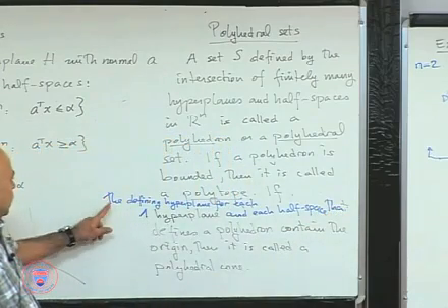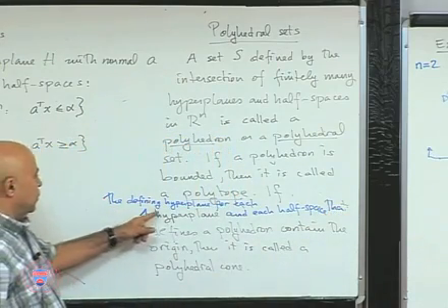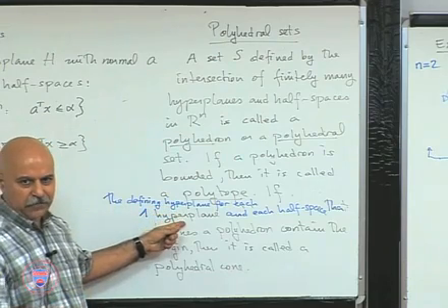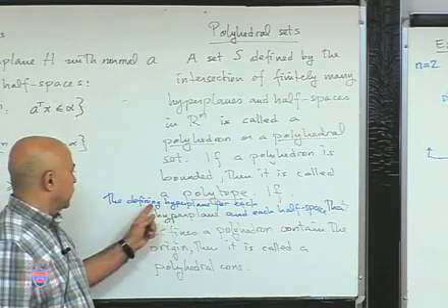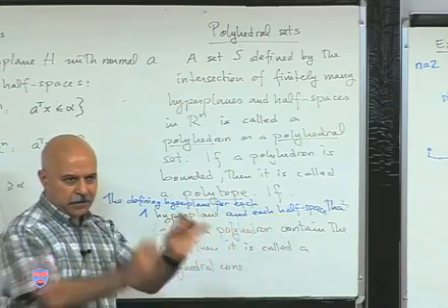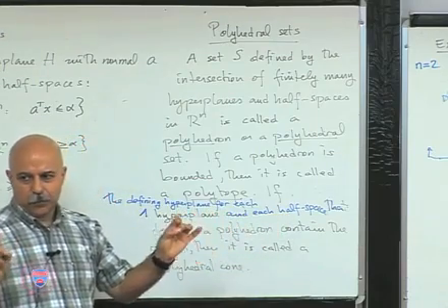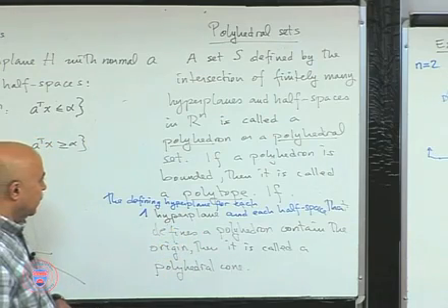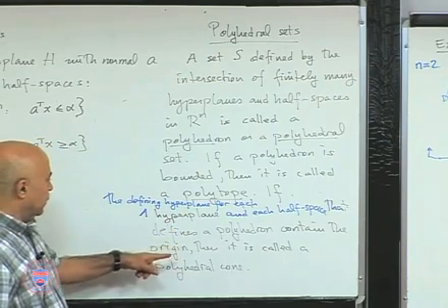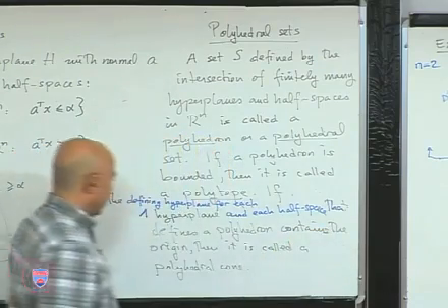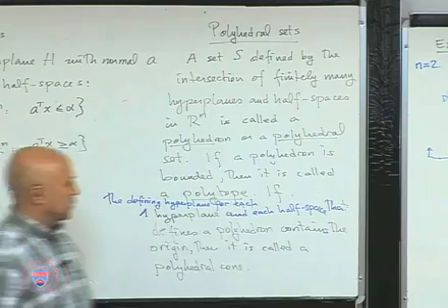All right, so the defining hyperplane for a hyperplane is just itself, and the defining hyperplane for each half space is just the hyperplane portion of the half space, the boundary, okay? If that defines a polyhedron that contains the origin, then it is called a polyhedral cone.